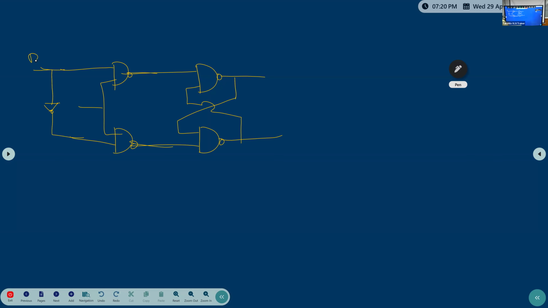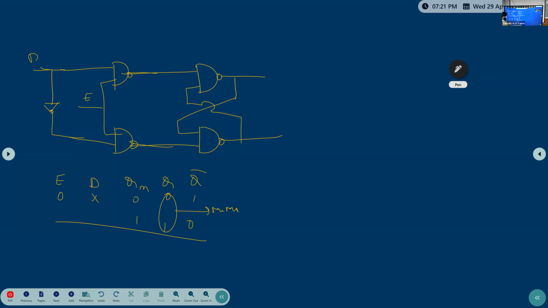So this is the D, this is E. Now E is there, D is there, Q, Q bar. Now E equal to 0, whatever D is, 0 or 1, 0 1 will be there, so then this is 1 0. This case is called the memory state.